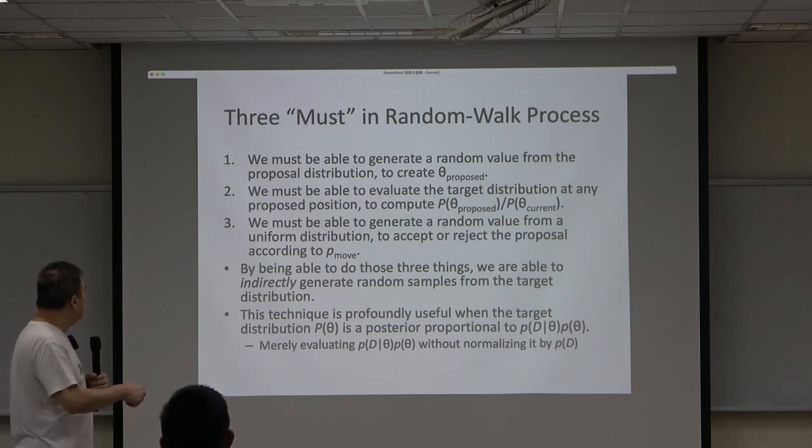Then the first requirement is that we can generate a random value from the proposal distribution, and the third, we must be able to generate a random value from a uniform distribution to determine whether or not to accept the proposal.